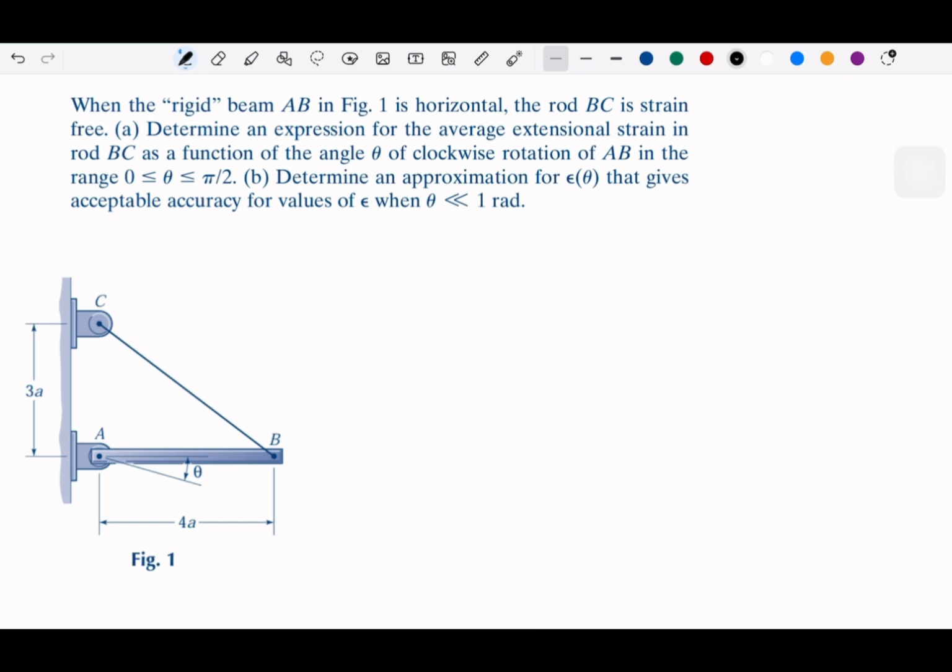So we can write the extensional strain using this assumption. First, the extensional strain is L minus L over L.